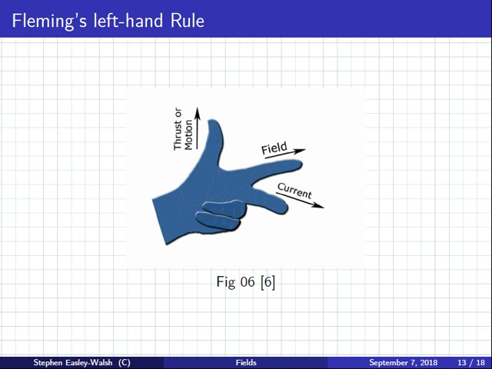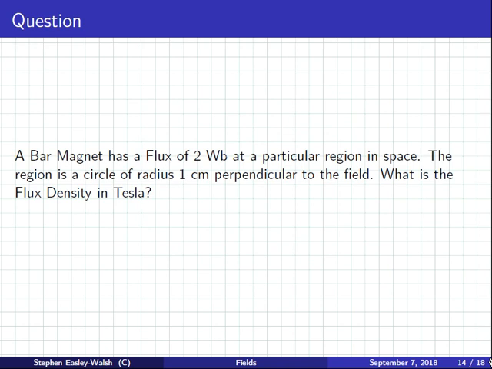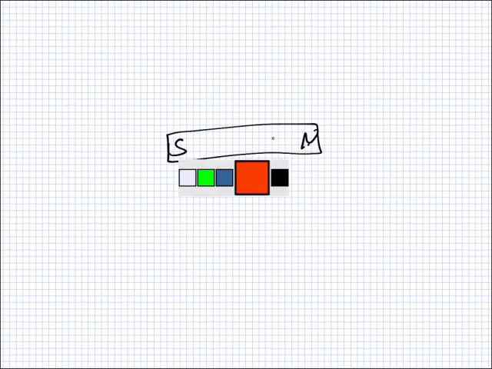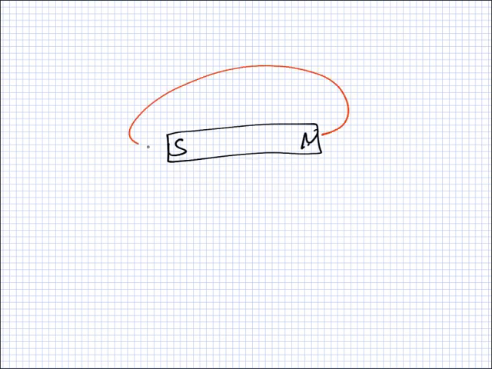Okay. Let's have a look at a question. I think you can do this one. A bar magnet has a flux of 2 Webers. So you have your bar magnet, and it has a flux of 2 Webers.